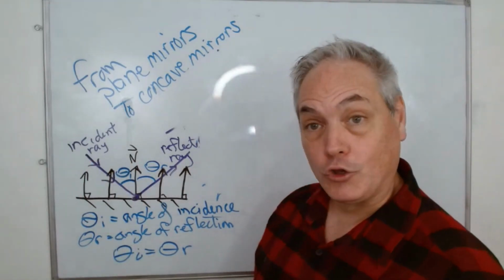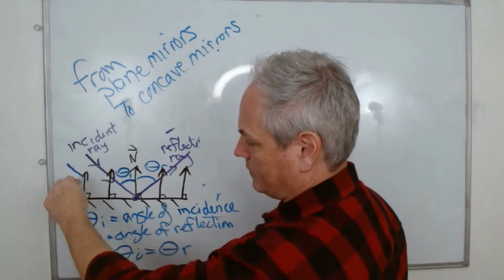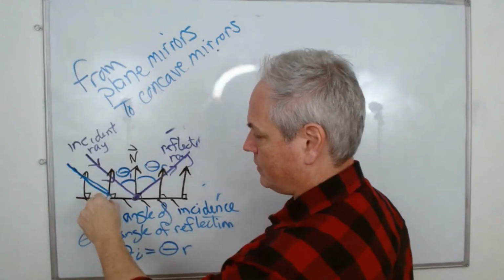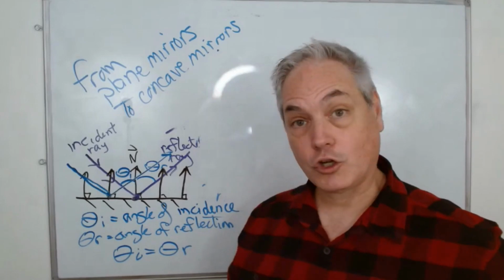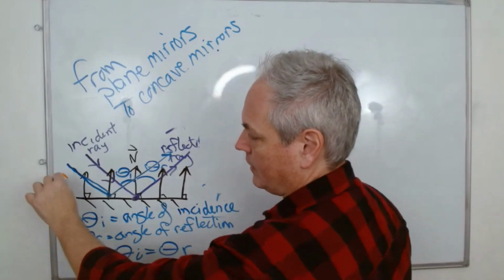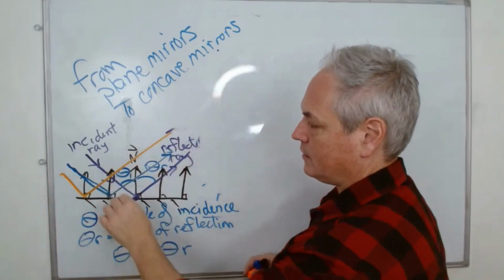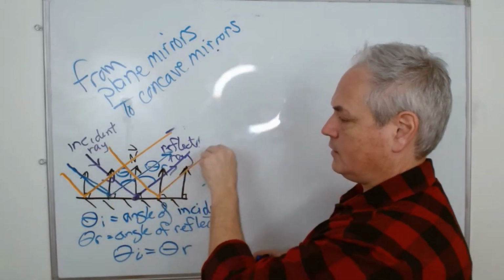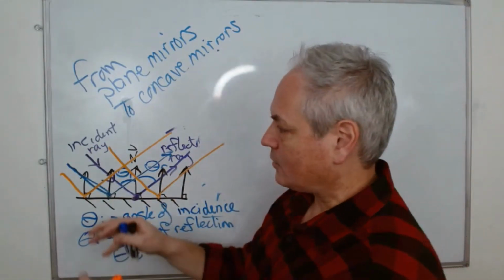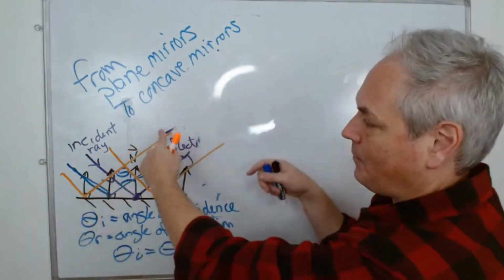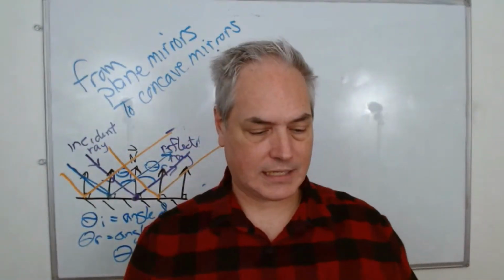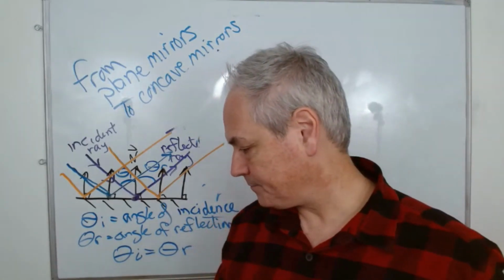If I have other rays, so a ray going this way to this point, it will be reflected here. If I take another color and go here, it will go there. You could see that all the angles that are parallel here will be reflected parallel on the other side. So that's something to keep in mind.